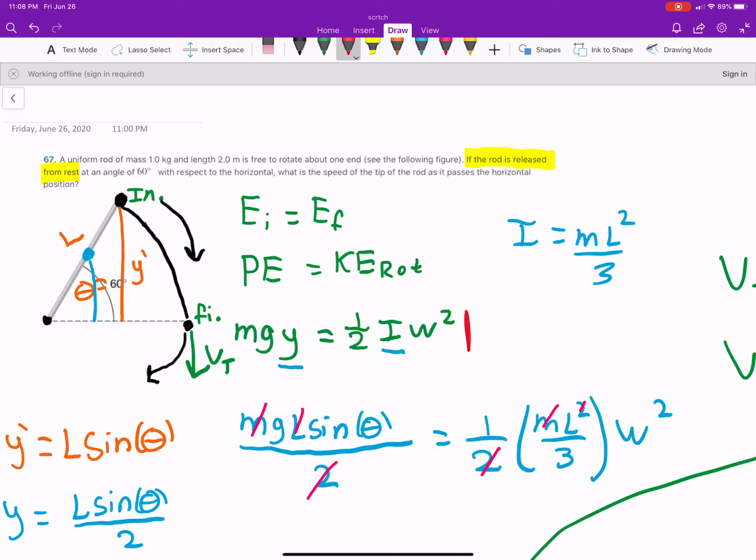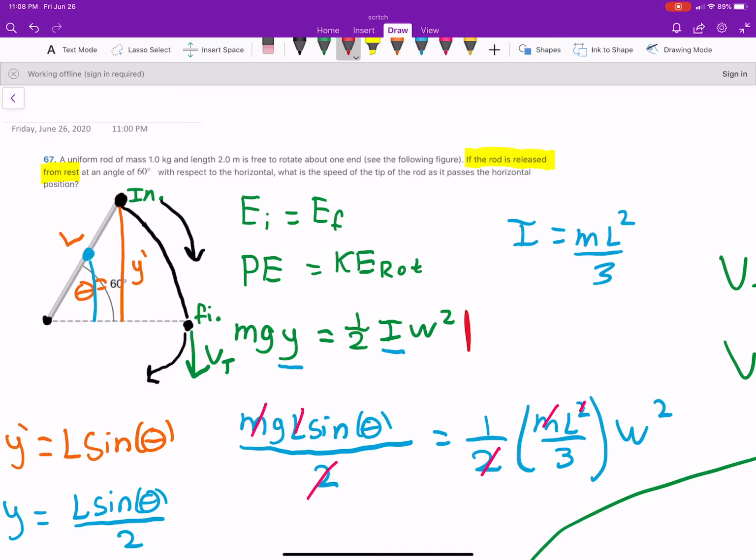And then what we can do is try to find out what those things are. The first thing we tried to do was find y. And I think that's maybe the first part that confuses people, because you just want half the length. You want the center of mass of the rod, and the center of mass is going to be right in the middle. So that's why we had to divide that by 2. And then from there, all we have to do is set up our equation.